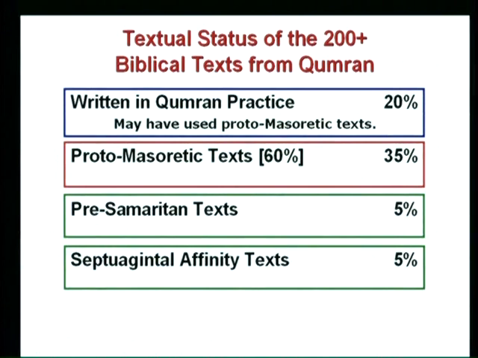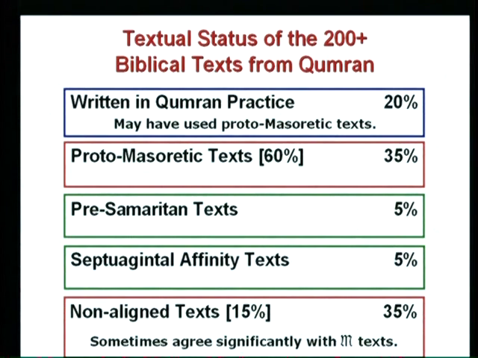Now, in his prior edition, he had said 5% for both of these together. Now he is saying 5% for each. So that's part of the reason for the switch on the Proto-Masoretic text figures. The non-aligned texts he gives now as 35%, where he had previously given those as 15%.